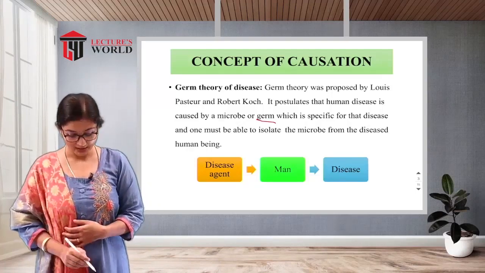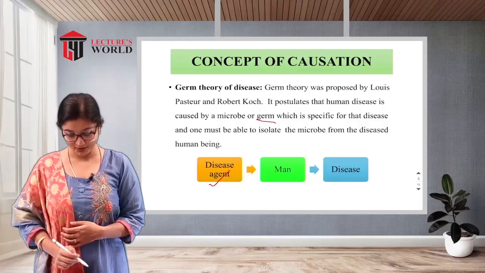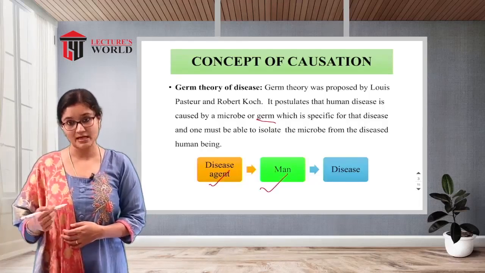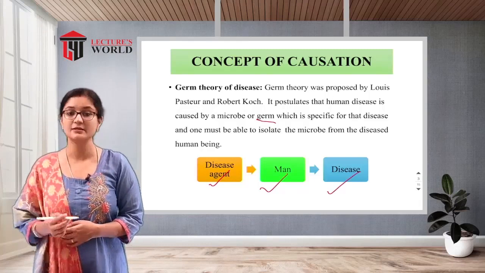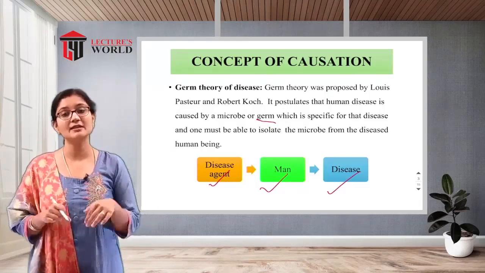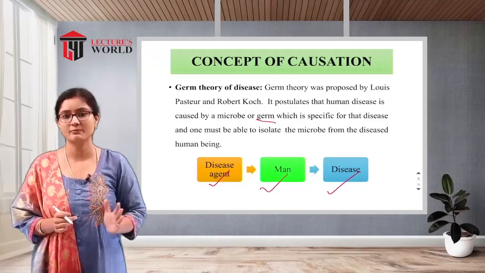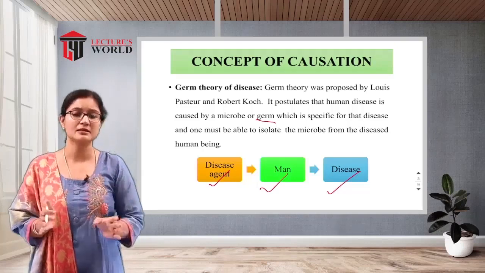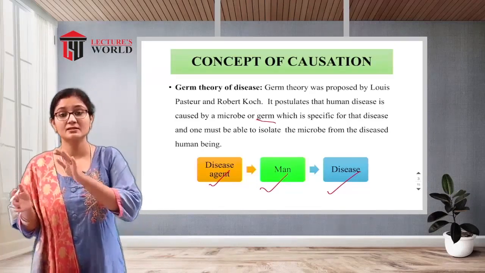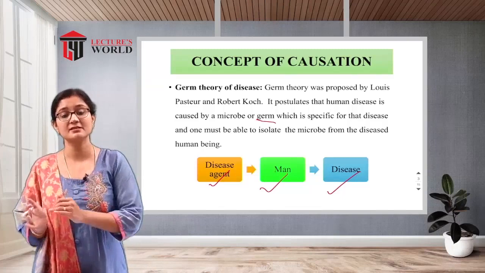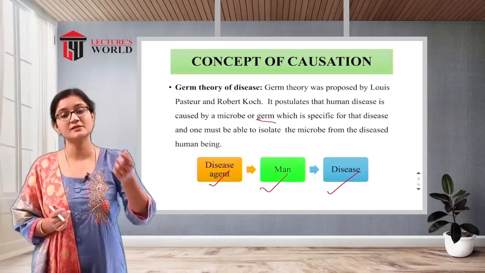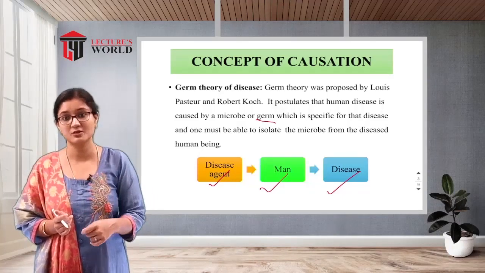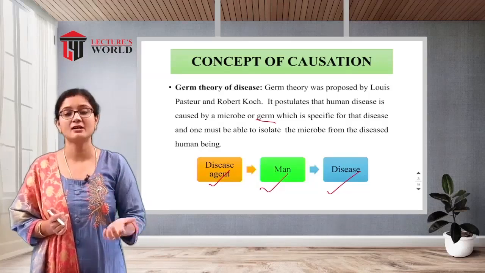You can see over here a disease agent or germ is there, he enters a man, and then he causes a disease. Very long back, people had only this concept that if a person is becoming ill, it's only because some microorganism must have gone into his body.